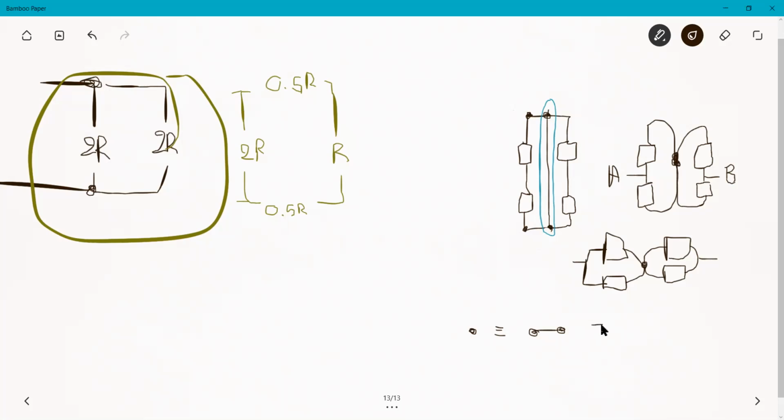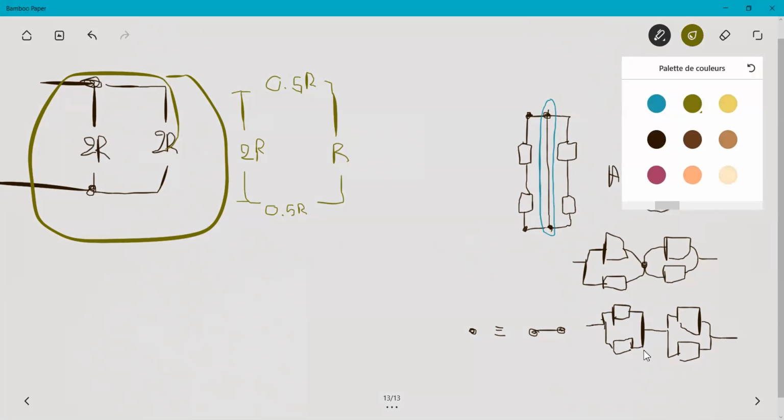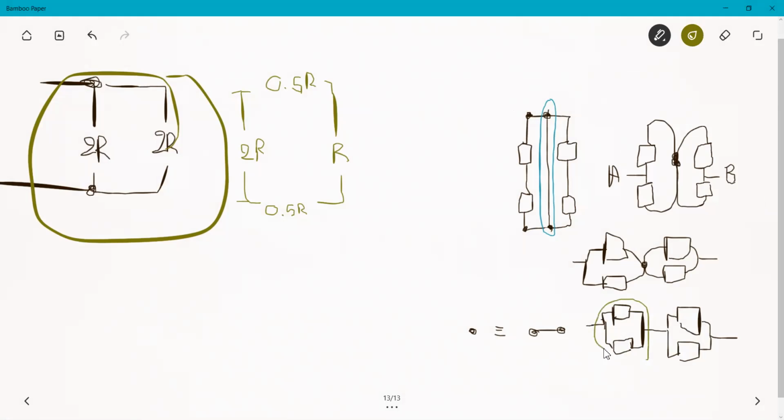And so now you end up with something which is, if you want to play again, another way of redrawing it. So from this scheme, this is now simple to handle. You have these 2 resistors that are in parallel, these 2 resistors that are in parallel, and then you add them.